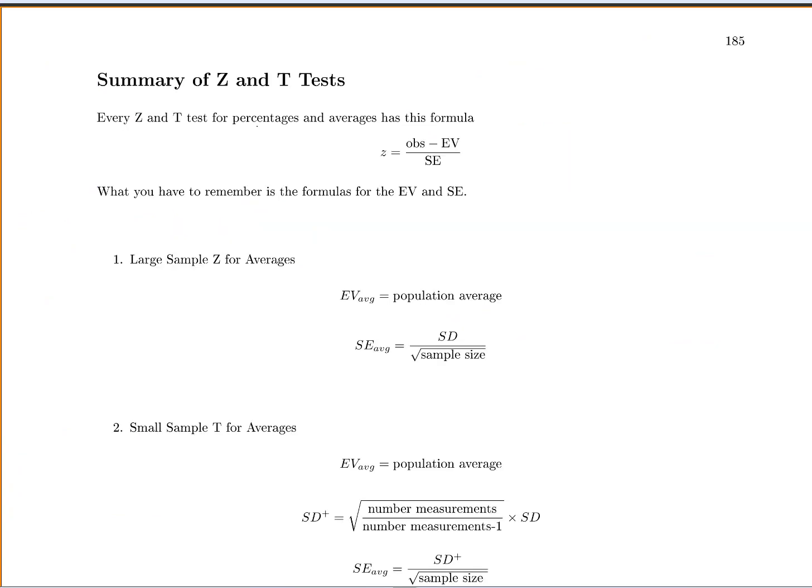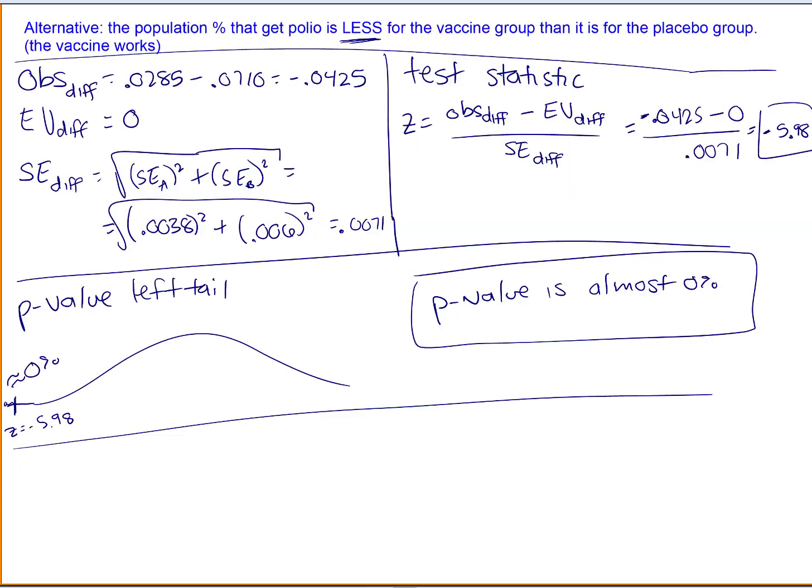What would that be if I tried to interpret it? Well, the interpretation is always, that's our chance of getting our sample data or something more extreme if the null is true. So that would be, there is a 0% chance, or almost 0% chance, of getting our sample data.